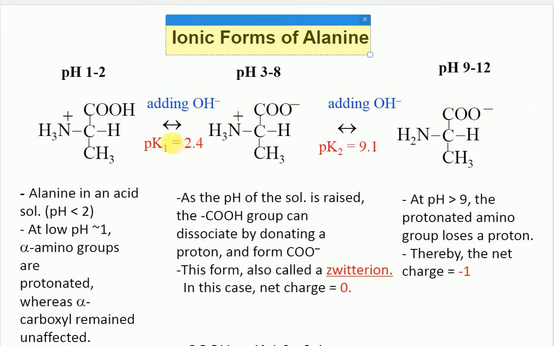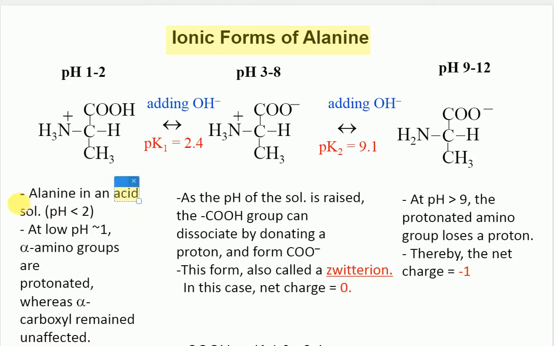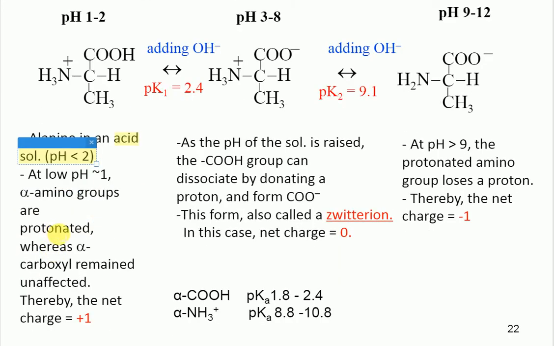Alanine in acid solution has a pH less than 2. At low pH, approximately 1, alpha amino groups are protonated, whereas the alpha carboxyl remains unaffected. Thereby the net charge is +1.